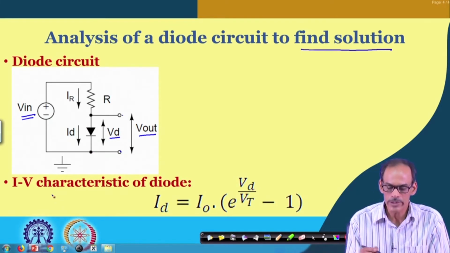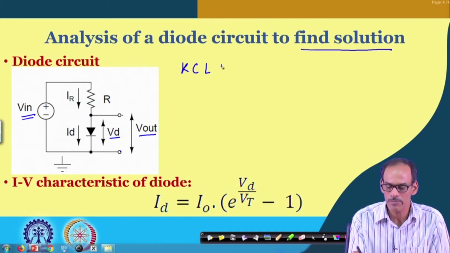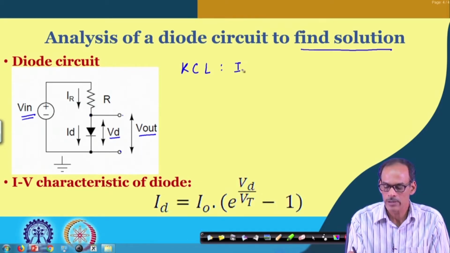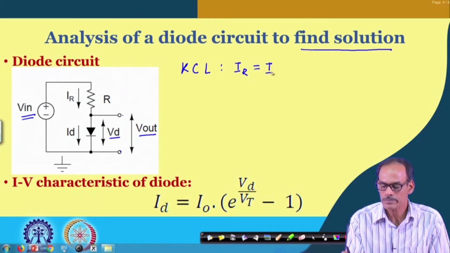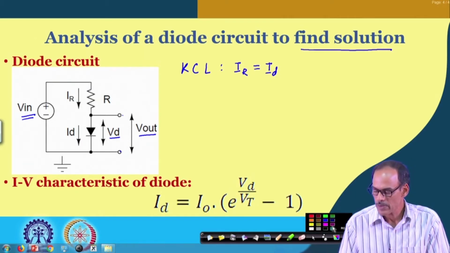So, what are the requirements? We have KCL. If you see at this node, the KCL implies that I R and I D should be equal. So, this is the KCL. Likewise, we also need to satisfy KVL.